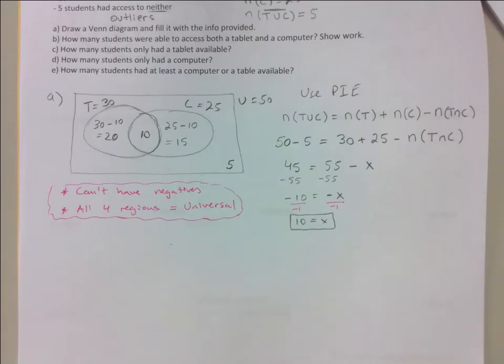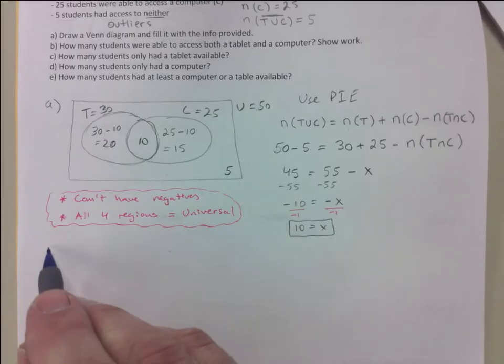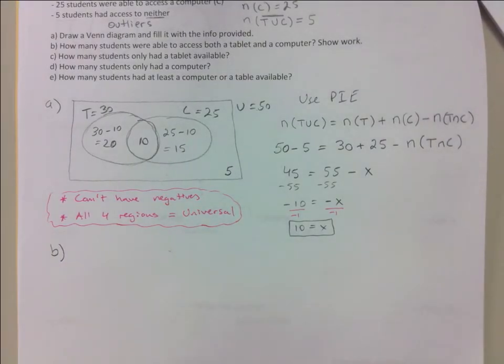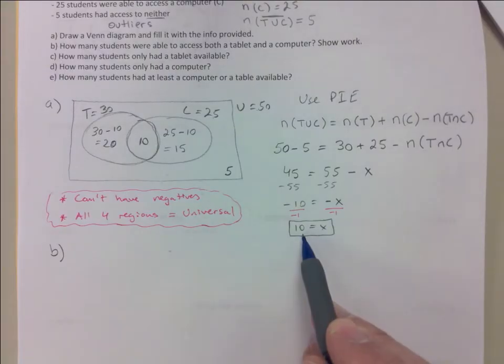So here we go. Now we can start answering. Now that we filled in the Venn diagram, we can actually answer questions that are following. So what is B asking us for? How many students were able to access both a tablet and a computer? We already know that, right? It's 10. That's showing your work, by the way.